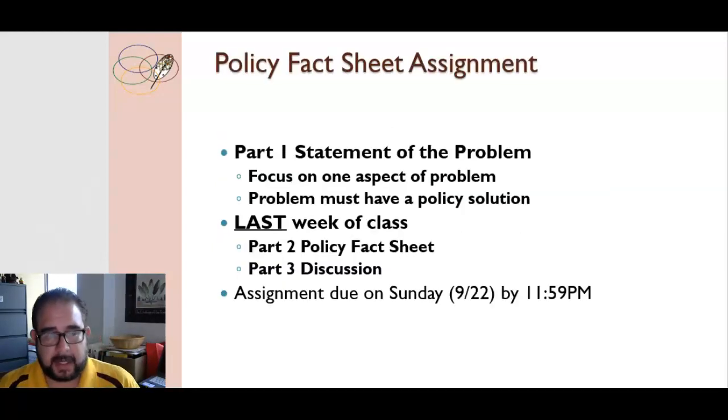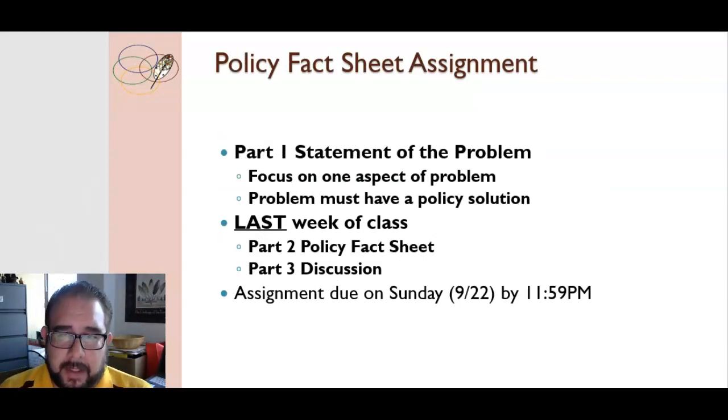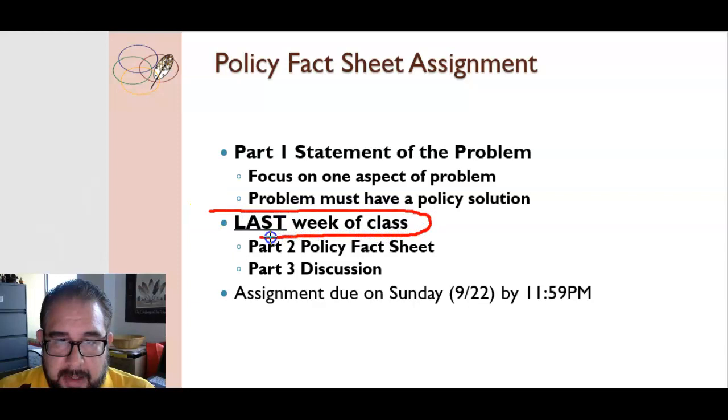So just a brief slide on the assignment. Like I said, I'm going to put together another video that goes more in depth into the assignment. So part 1 of the assignment, the statement of the problem, that's what you're going to be doing this week. The other 2 parts are in the last week of class. Okay, so not this week, the last week, and we'll complete those steps then.